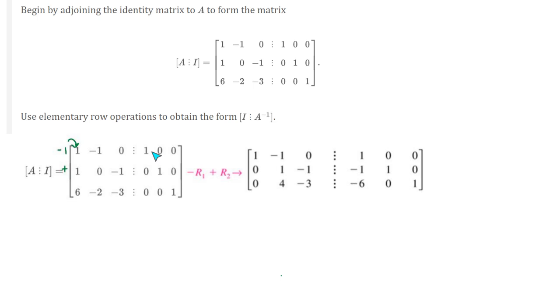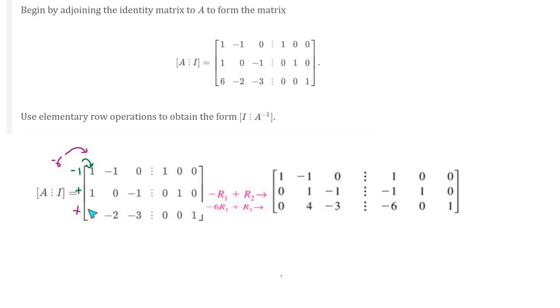So we get -1 plus 0, -1, and then -1 times 0 is 0, plus 1 is 1, and -1 times 0 is 0, plus 0 gives me 0. Now the first row and third row, we don't want to change those. Here it's changed because we also are going to get rid of this 6. How am I going to get rid of this 6?